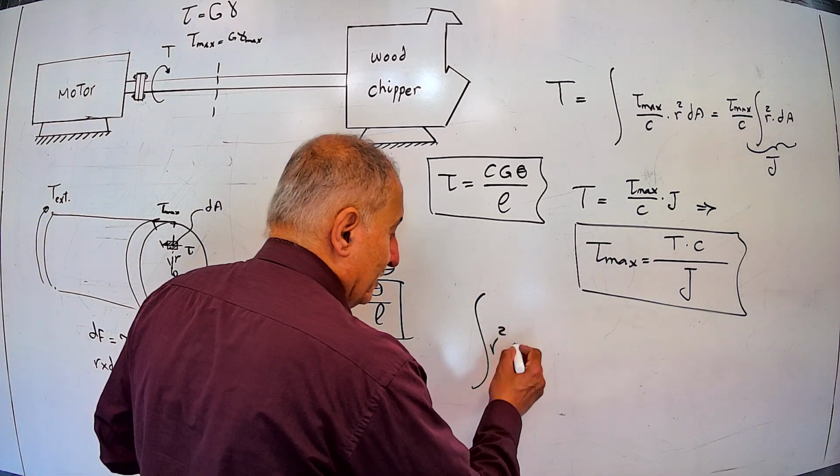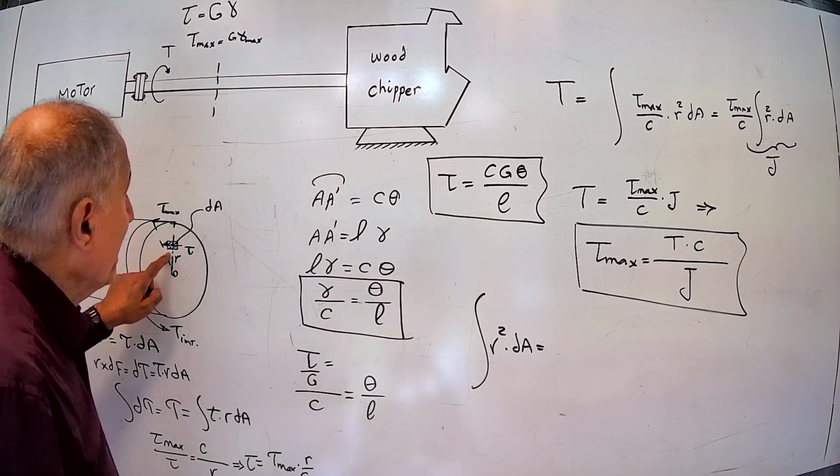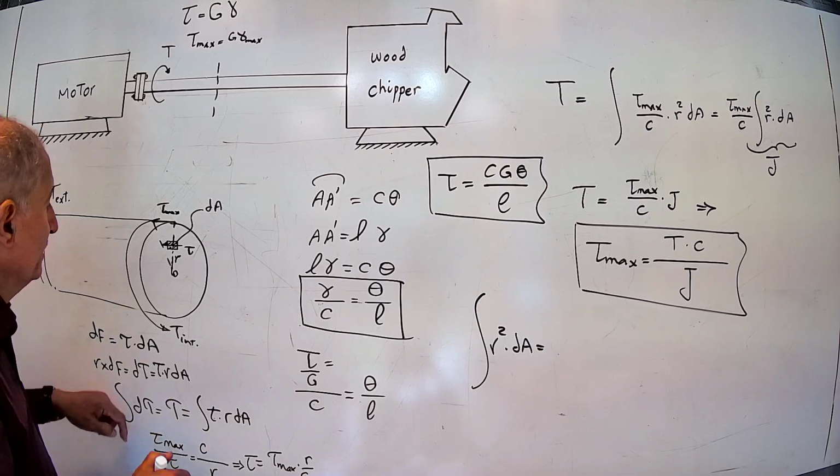How much is this property? Let's consider dA. dA can be taken in two forms.